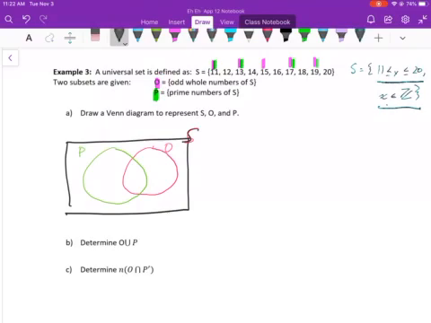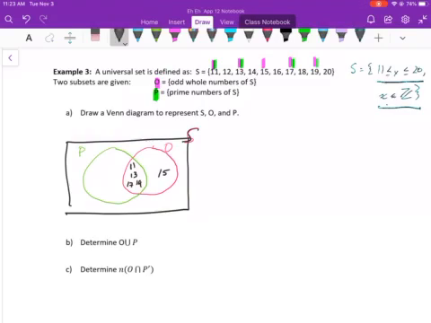Now, I am going to start with the most specific, those that are both odd and prime. These include 11, 13, 17, and 19. Those numbers that are odd but not prime only include 15.